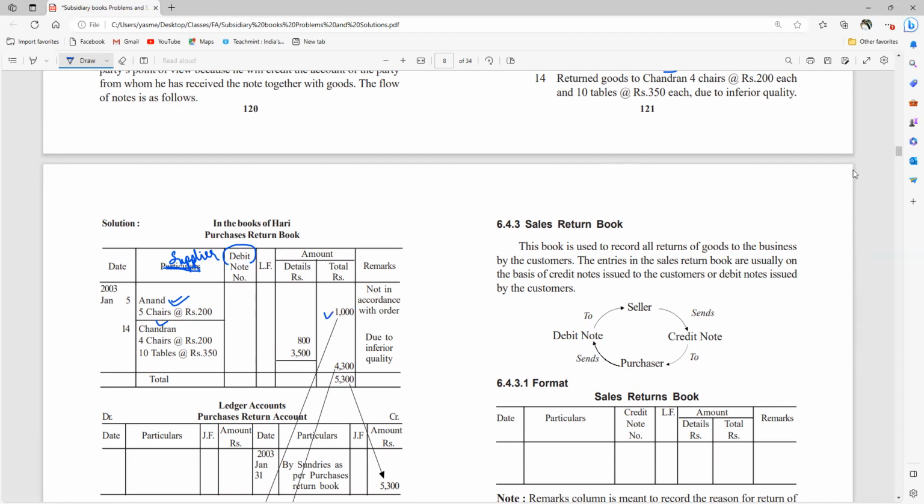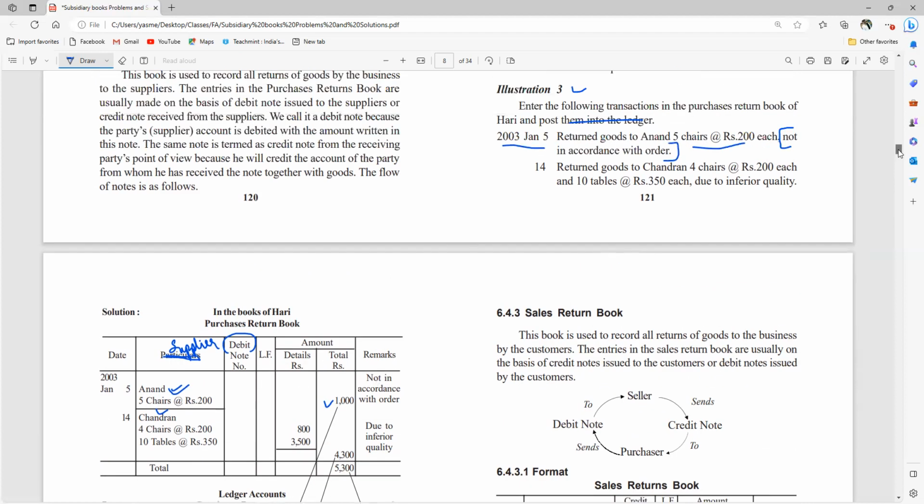Okay, the next transaction says on 14th January 2003, return goods to Chandran, 4 chairs at rupees 200 each and 10 tables at rupees 350 each, due to inferior quality. Means the quality is not good. That's why we are returning these goods.